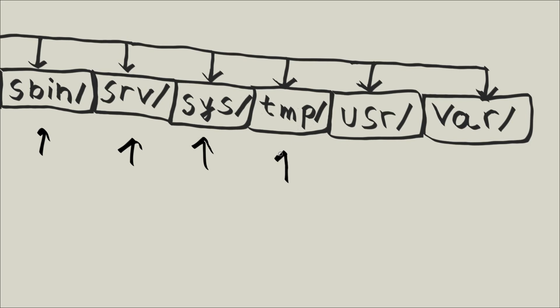Tmp contains temporary files, shorthand for temp. Home contains user files. Usr contains system files. And var contains program runtime information.